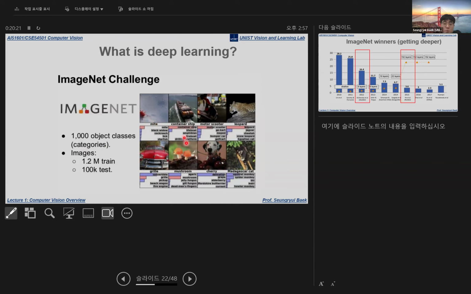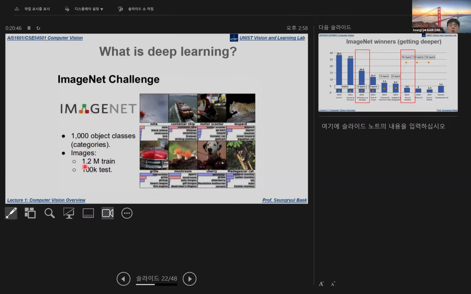For example, this image will be a ship, this a motor scooter, and this a leopard.